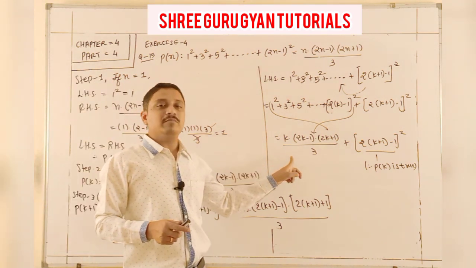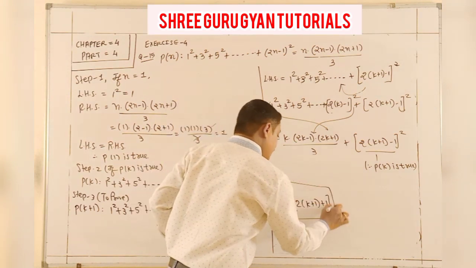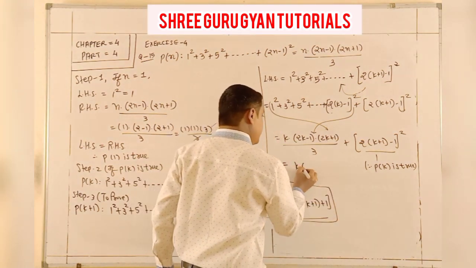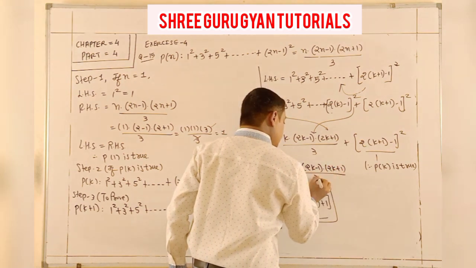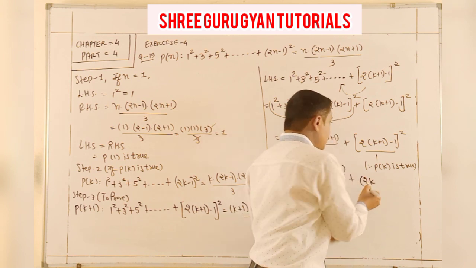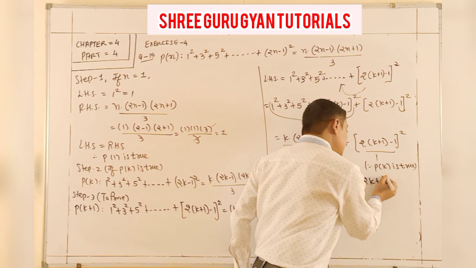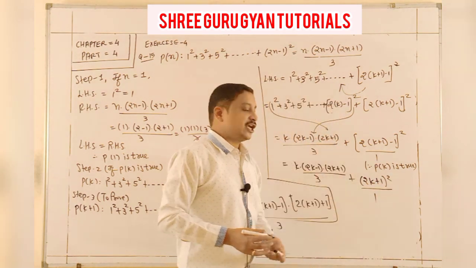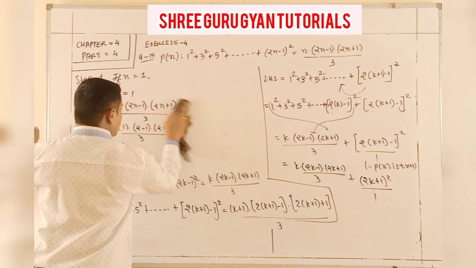Now simplify it happily, easily done. So here k, remaining parts by 3, and here (2k plus 2 minus 1), it means (2k plus 1) whole square by 1. Now take out, students, the maximum common factor and simplify it up to our RHS.